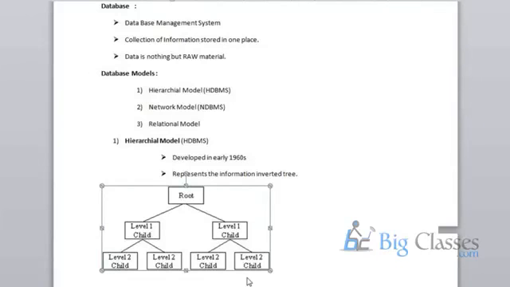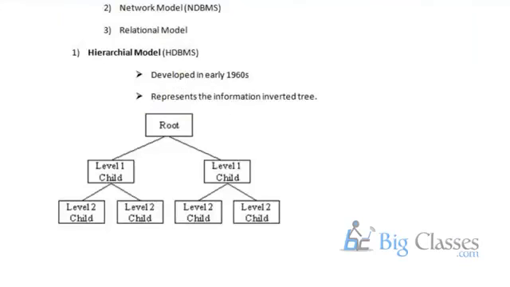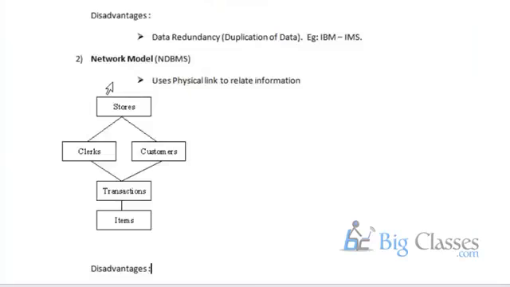The disadvantage with this hierarchical model is data redundancy, that is, duplication of data occurs because of this model. An example of the hierarchical model is IBM's IMS, that is Information Management System. This is an example of the hierarchical model.